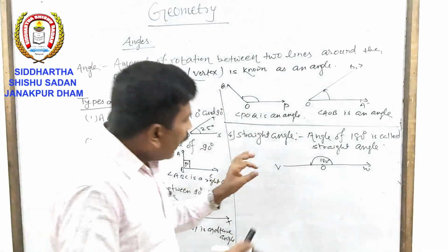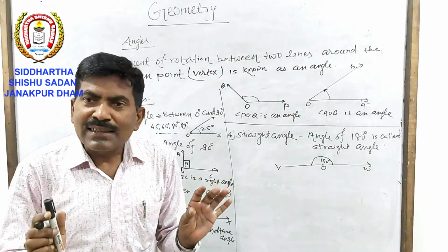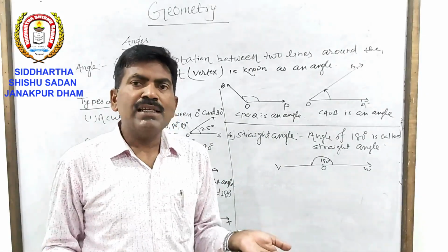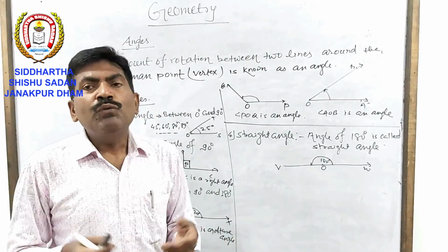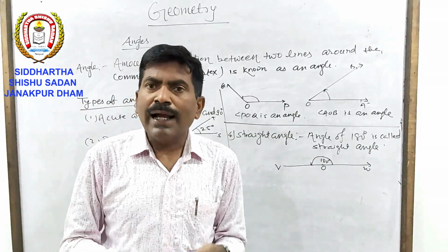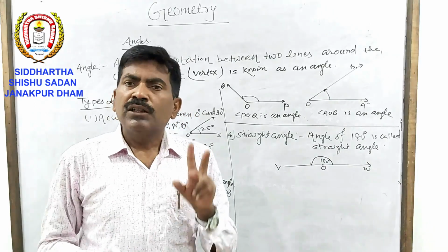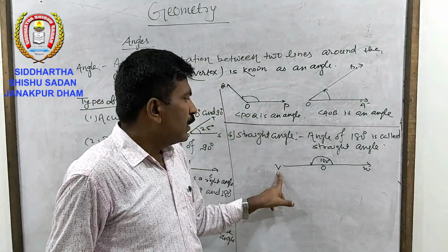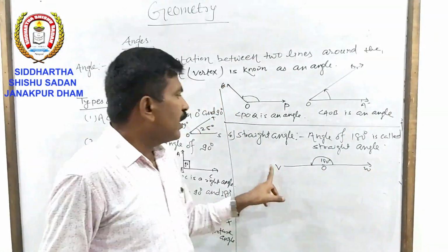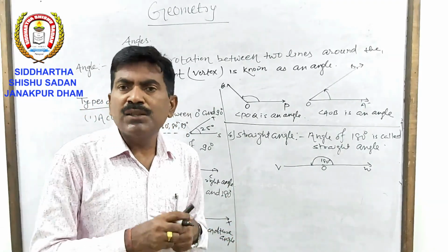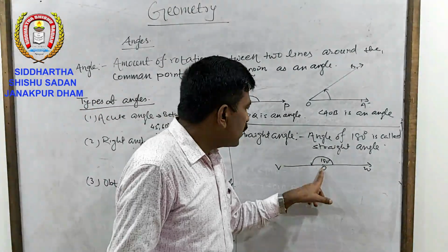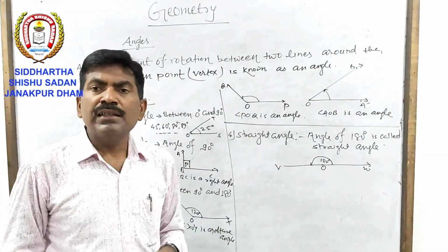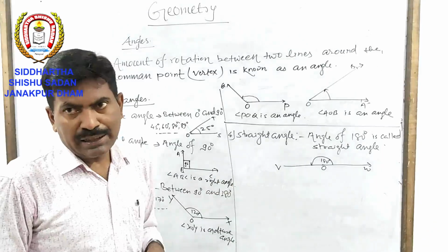If the angle between the two lines is equal to 180 degree, then it is called a straight angle. To form an angle, there must be two lines or two rays. Now OW and OV: OW is one and OV is another ray. That's why the angle between OW and OV is straight and that is 180 degree. That's why it is called a straight angle.